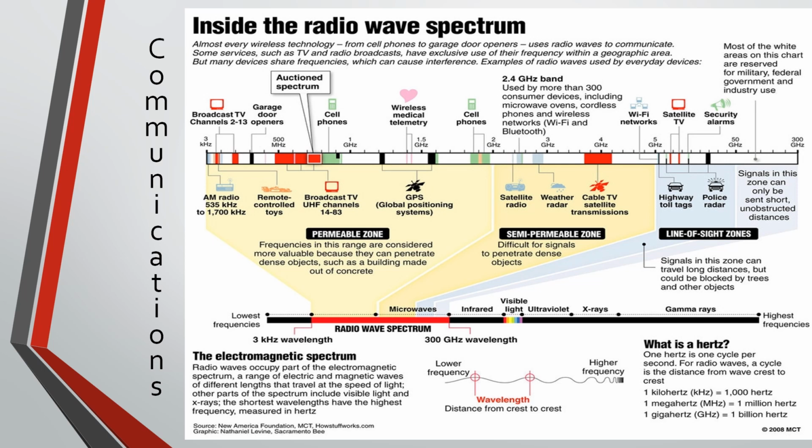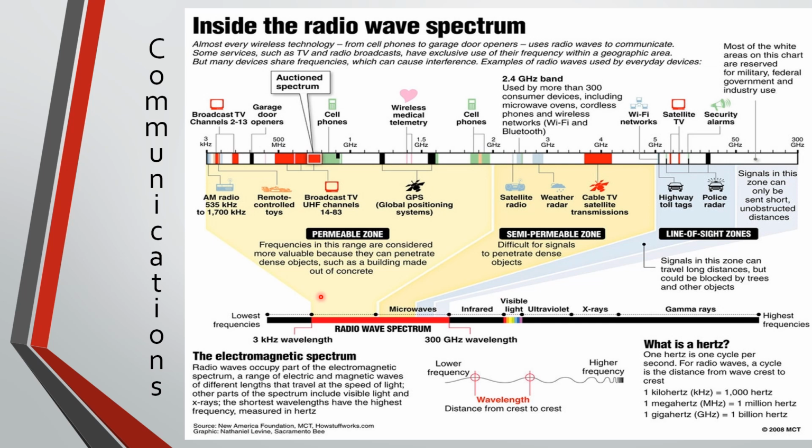Now we will look further into the electromagnetic spectrum by focusing on radio and communication frequencies. As you can see in the picture below, there are many different uses of radio signals, including things like TV broadcasts, cell phones, medical telemetry. All this is in the permeability zone, so it can permeate objects such as dense buildings made out of concrete.